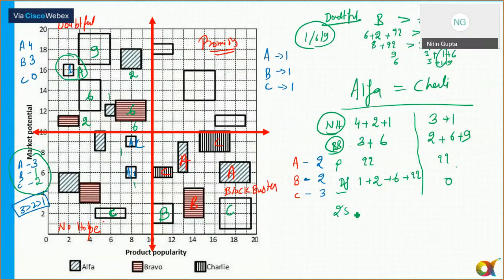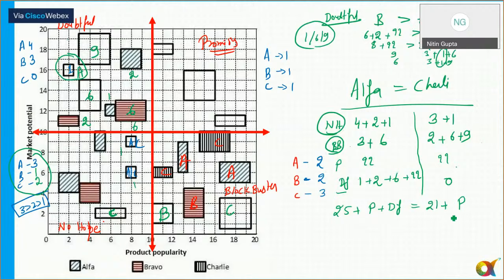So 25 plus 1 from the promising category and 1 from the doubtful category is equal to, on the right hand side, Charlie. Alpha and Charlie, they are equal. So I can say 3 plus 1, 4, 4 plus 2 is 6 plus 6, 12, 12 plus 9 is 21. So this is equal to 21 plus one more from the promising category.